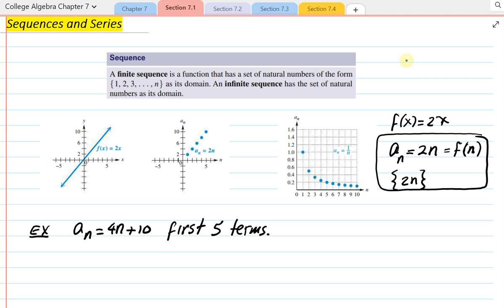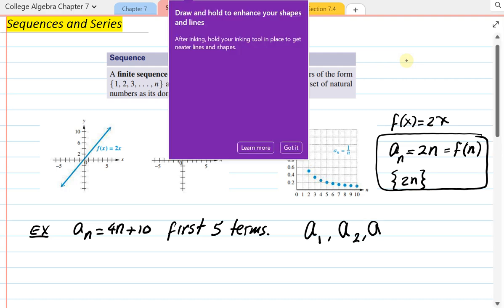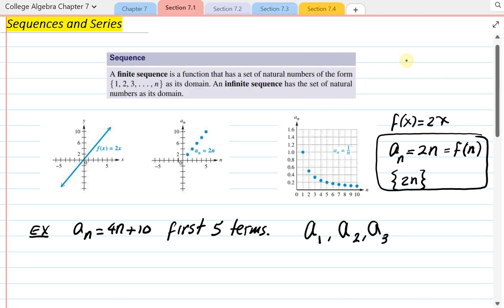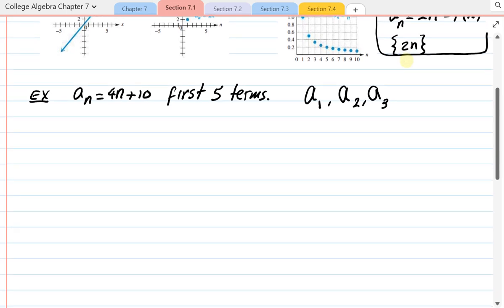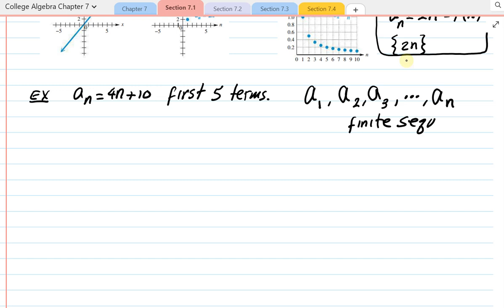Now, the terms of the sequence, by the way, the first term is going to be a sub 1. The second term is going to be a sub 2, a sub 3, and so on and so forth. So in general, a sub n. If there is a finite number of terms such as the one I have, then this sequence is called a finite sequence, because the number of terms can be counted.